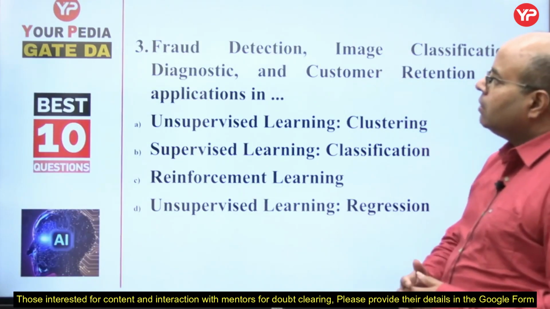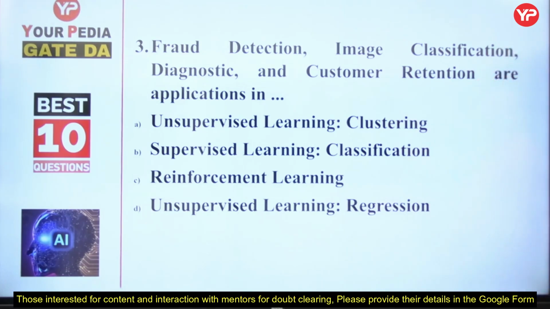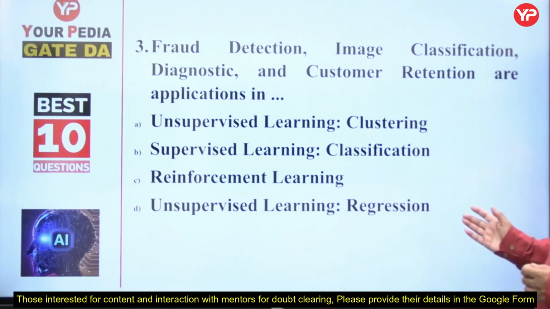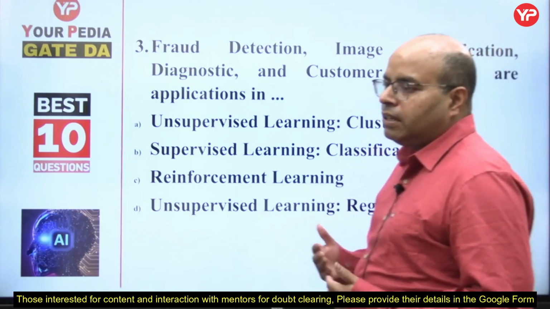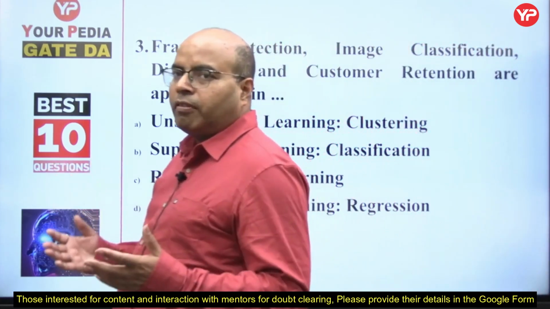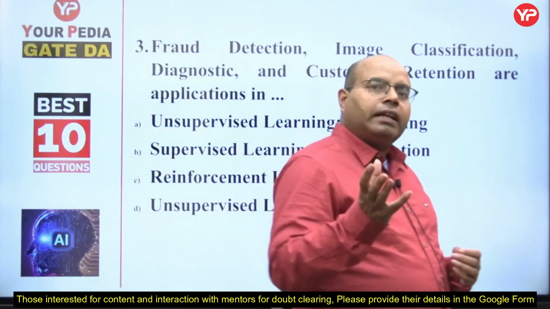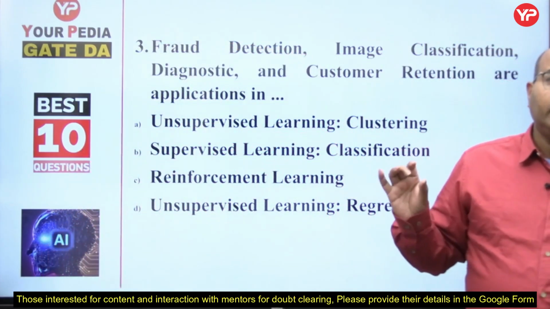Now the third question: fraud detection, image classification, diagnostic and customer retention are applications of which learning: supervised learning, reinforcement learning or unsupervised learning? What is unsupervised learning? There is no supervisor. The data we are getting is not classified, the data is not labeled.